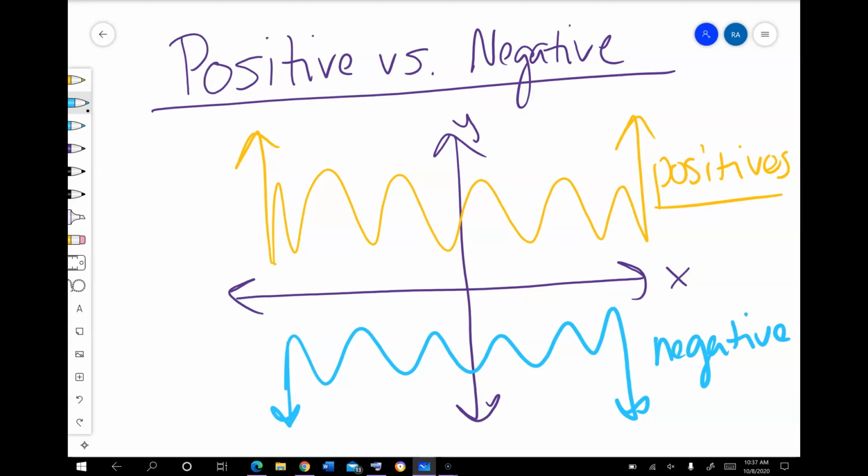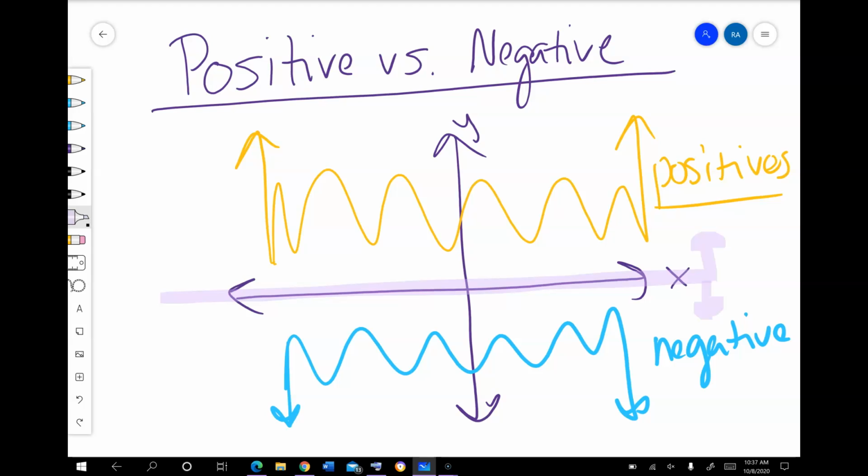Notice that the x-axis is kind of like our barrier. If you're up here, you're positive, but if you're down here, you're negative. With increasing and decreasing, it changed with your maxes and your mins. Your positives and negatives change with your x-intercepts.